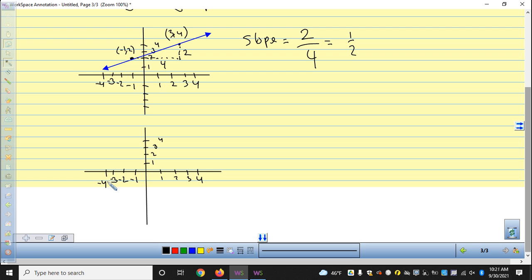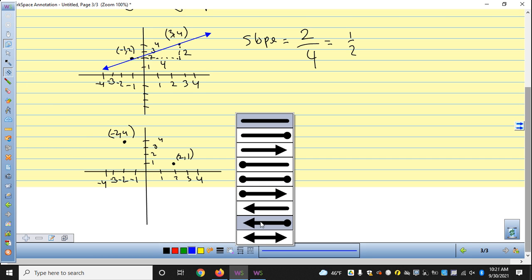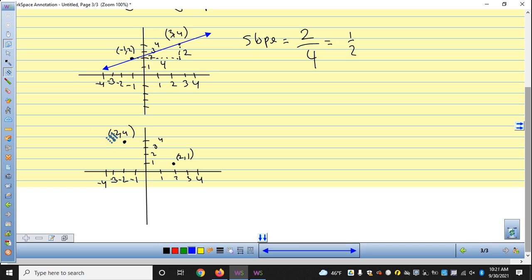And I'm going to have a point here at -2, 4, and a point over here at 2, 1. So my line that goes through those 2 points is going to look like so.